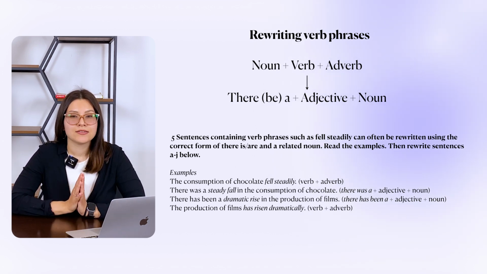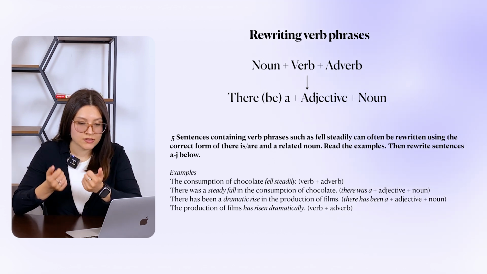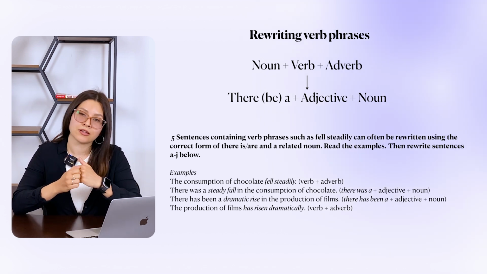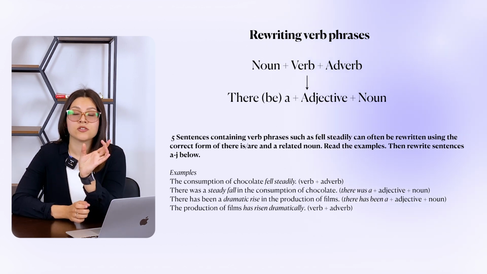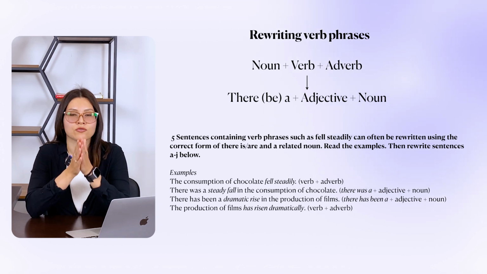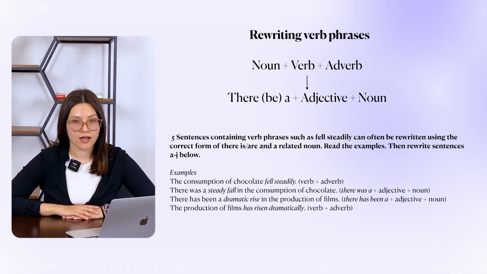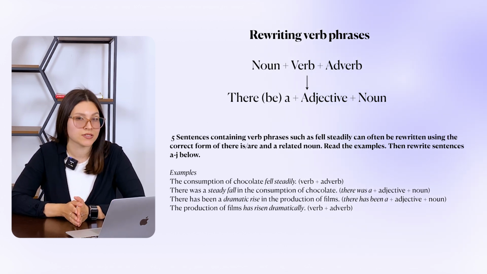And it's a good way to construct a sentence such as the consumption of chocolate fell steadily. We have the consumption of chocolate, which is your noun, fell is your verb, and steadily is an adverb. It's a proper English structure of the sentence. So noun plus verb plus adverb, a structure that every IELTS student is familiar with.